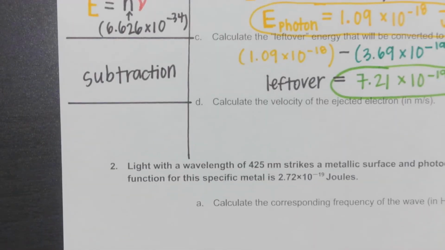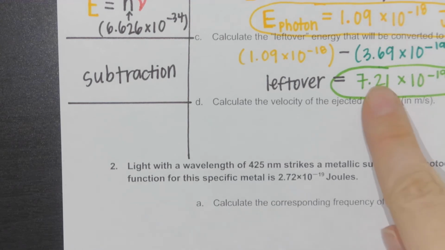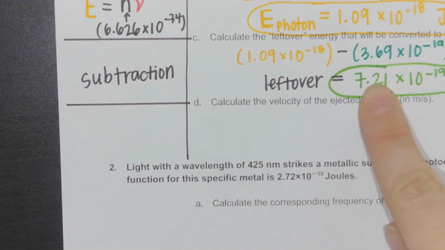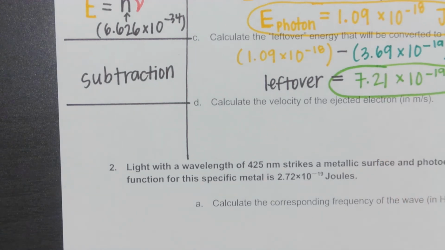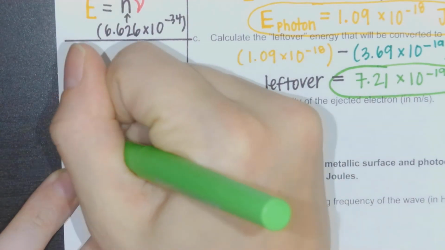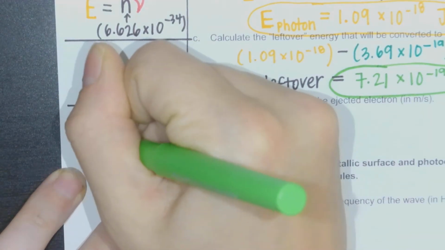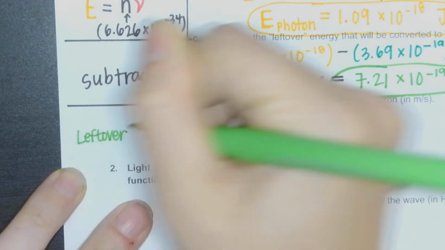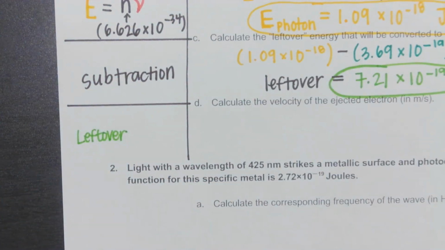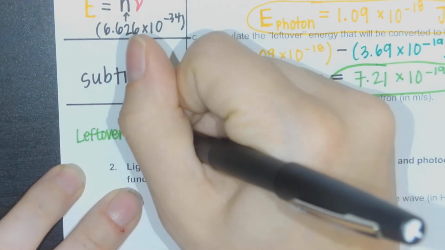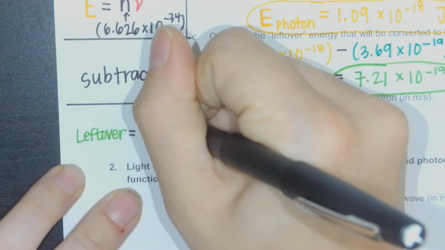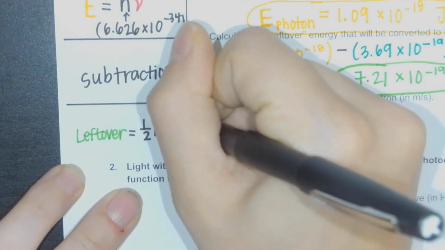The formula for part D is we're going to take the energy that we have left over, and that energy is going to be equal to, let's see, so leftover energy equals 1/2 mv squared.